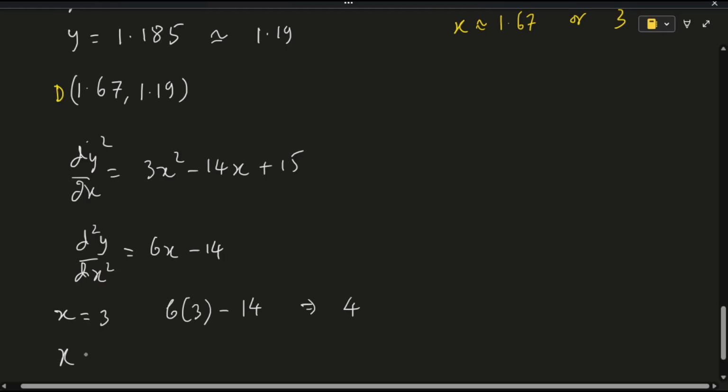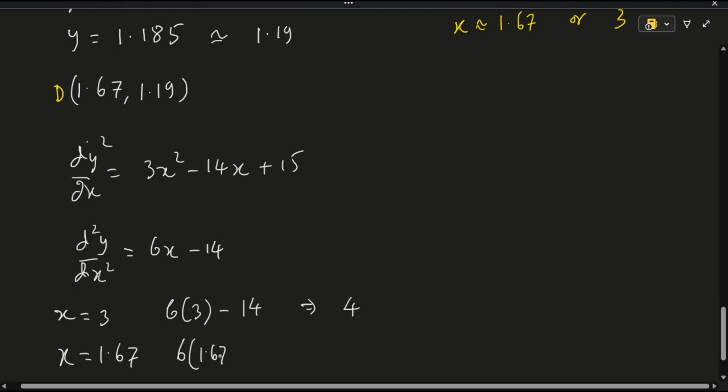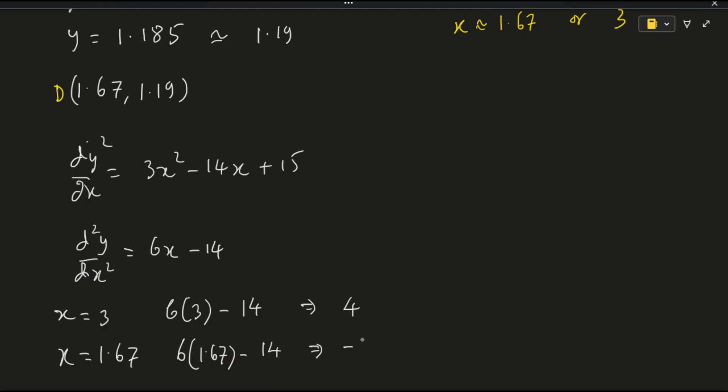And when x is equal to 1.67, we're going to have, this implies we're going to have negative 3.98.